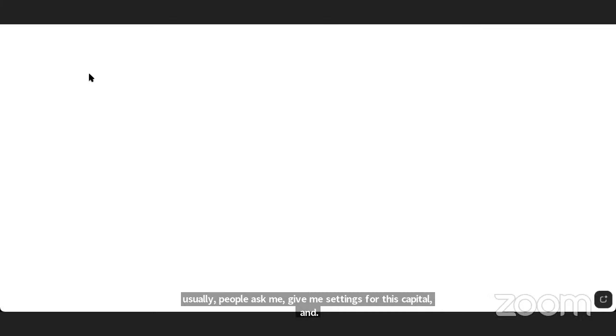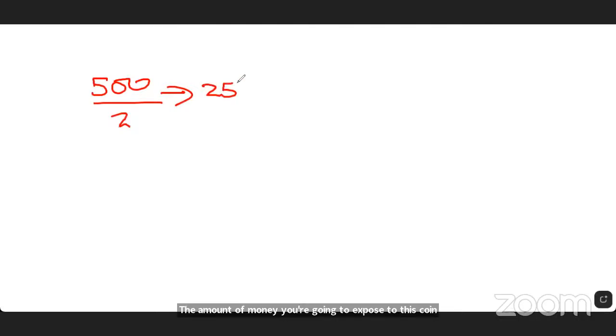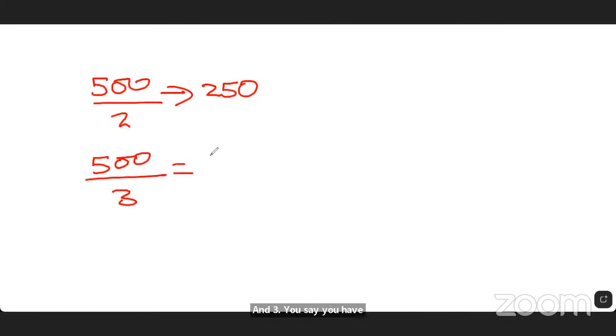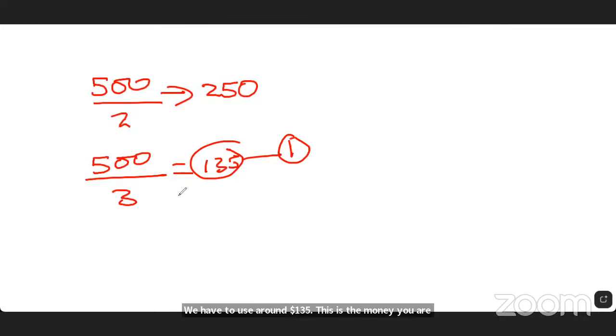So if you have $500, and you have decided to divide your capital into two, it means that the amount of money you are going to expose to this coin is $250. Even if you are using other strategies, and you say you have $500, you divide it into three, you're going to use around $135. This is the money you are going to expose on one coin.